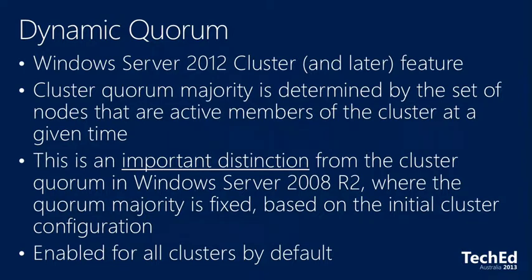Historically, when a node went down, it didn't lose its vote, it kept its vote. With dynamic quorum, that changes. When a node goes down, its vote is taken away. And if you have a sequential series of downs, which could be failures or graceful shutdowns, the votes will gracefully get taken away, and the cluster will dynamically recalculate the number of votes required for quorum by removing those votes from that calculation.